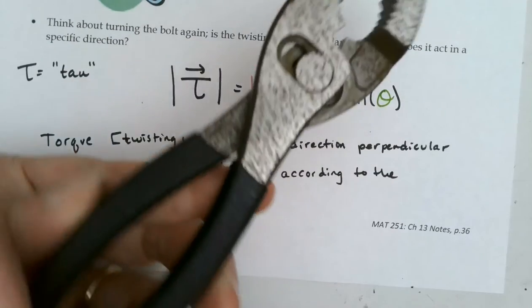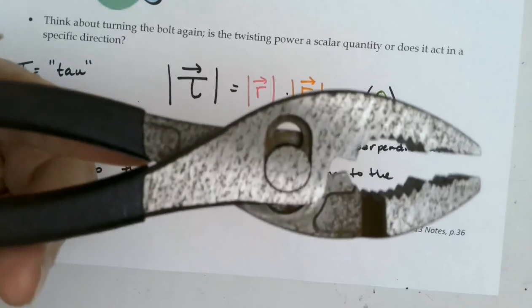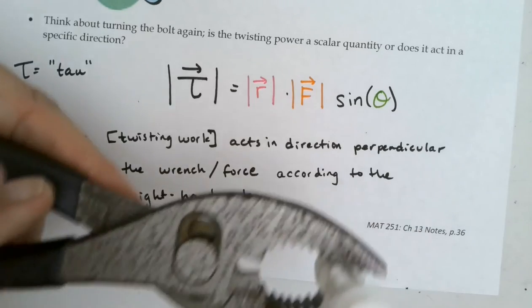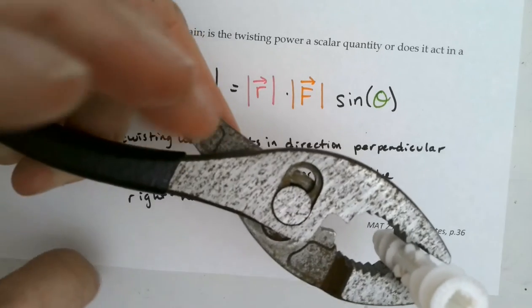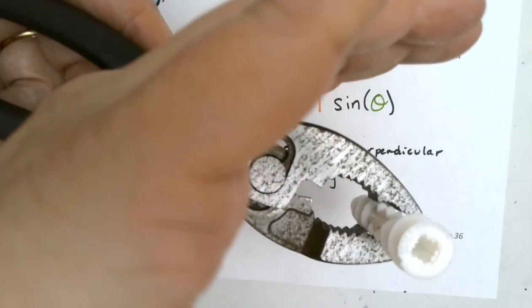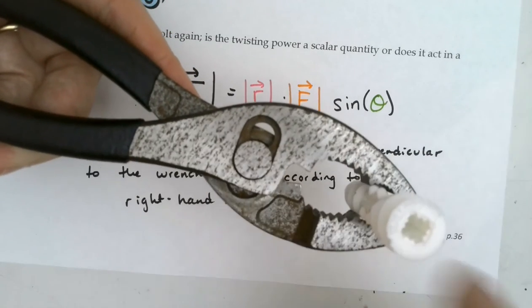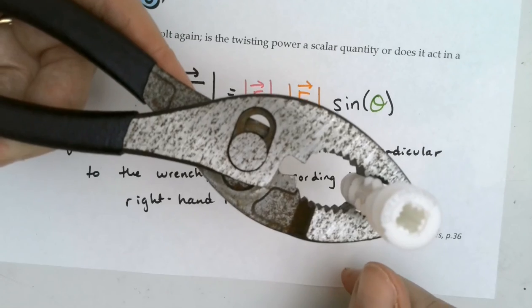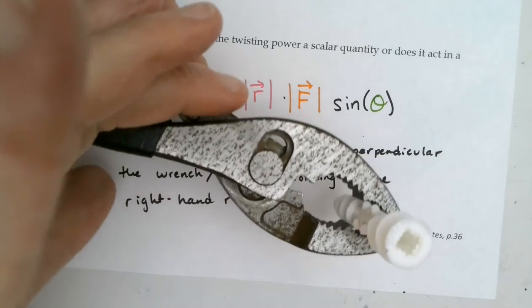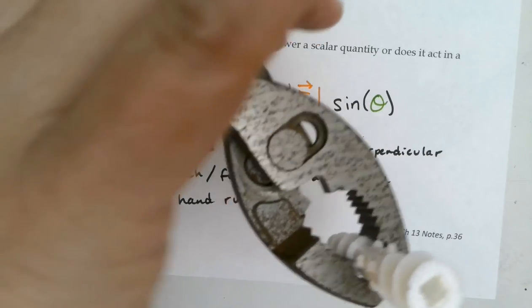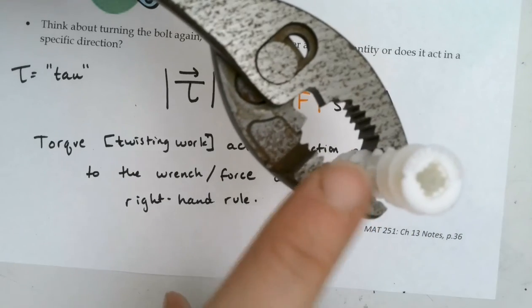If I push my force the other way, it has to be with your right hand, no lefties allowed, then the torque goes down the bolt because my hand curls this way and my thumb is pointing down at the paper, meaning if I twist the bolt this way, then the torque goes down.